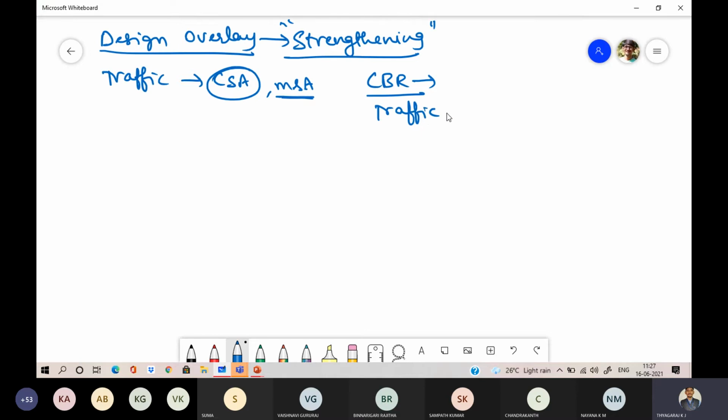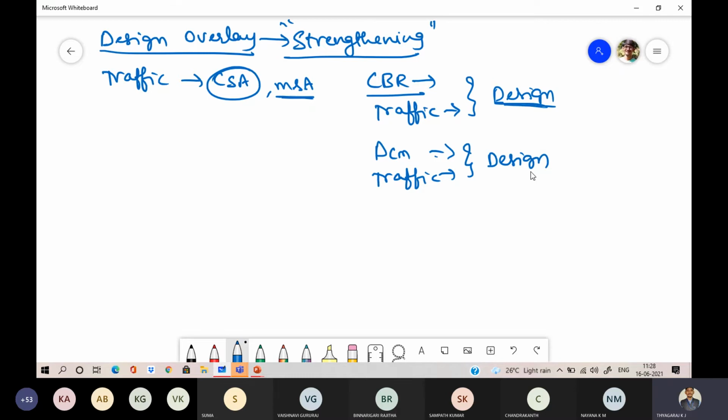Based on the CBR and traffic, we designed the flexible pavement. But in this overlay design, we are going to consider the characteristic corrected deflection and traffic. Using these two, we determine the thickness of overlay. So remember, using the deflection value and the traffic, we are going to determine the thickness.